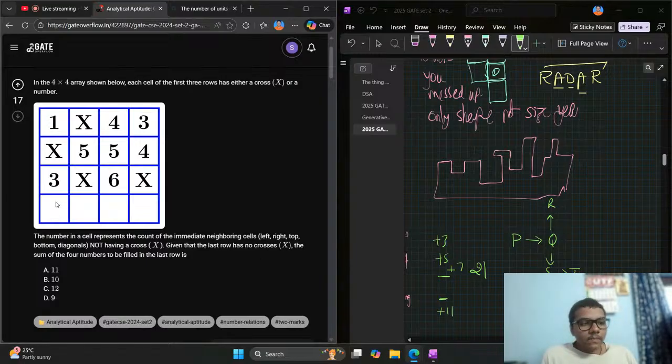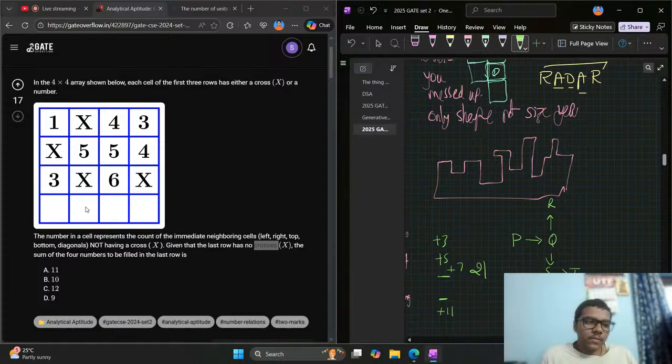So, alright, these are the only ones. Let's assume, given that the last row has no crosses. Yep, this is important information.